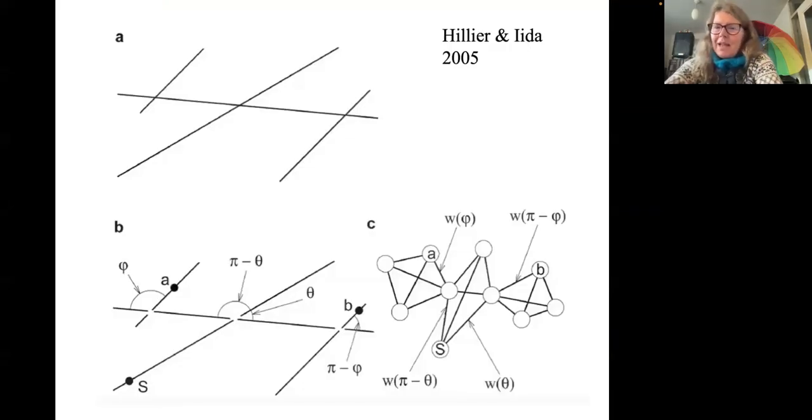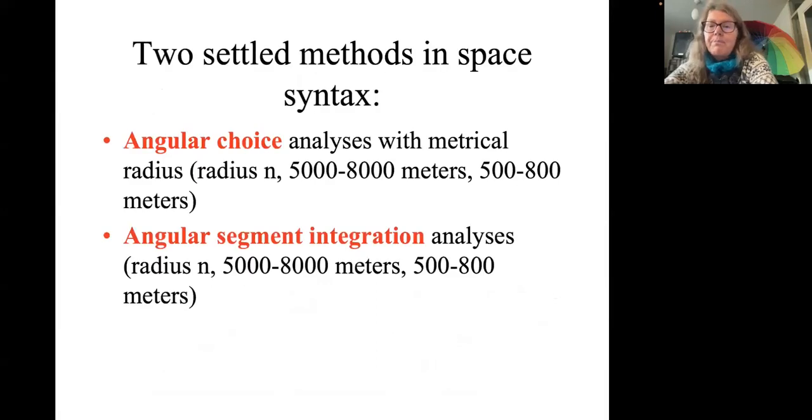And while I was fiddling with that, in 2005, Hillier and Iida presented some sort of new method of this kind of choice, and it has been developing throughout the years. And since 2012, it has become quite settled, and that is the angular choice analysis with the metrical radii, where you include the segment length, and also the angular segment integration analysis with the high and low radius.